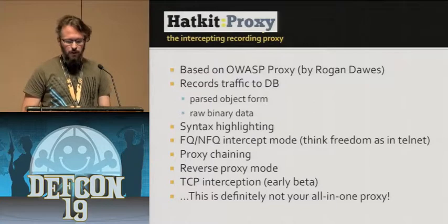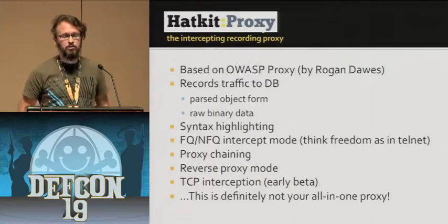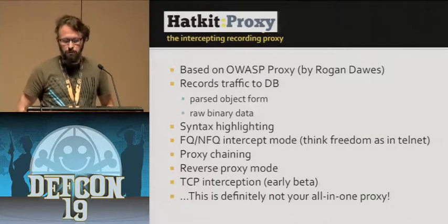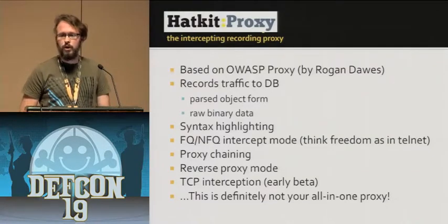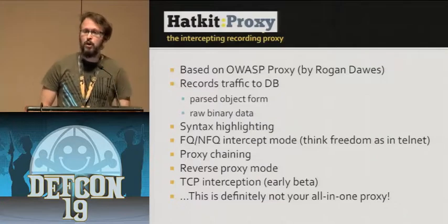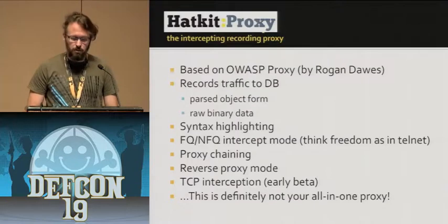It also has TCP interception in an early beta stage, which allows you to intercept TCP communication, modify it in real time, and then send it through to the server. That's what I'm going to focus on in these last few slides. Then I'm going to hand over to Martin, who's going to talk a bit more about the data fiddler, which is the other part of the Hatkit project.